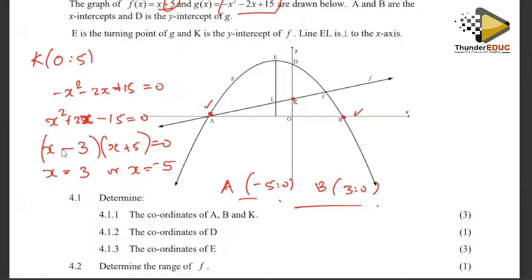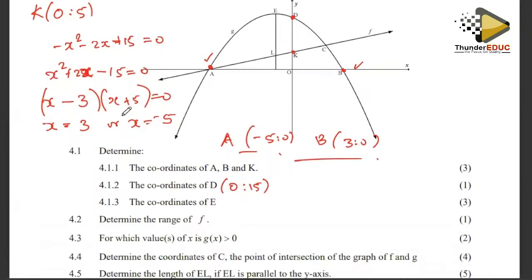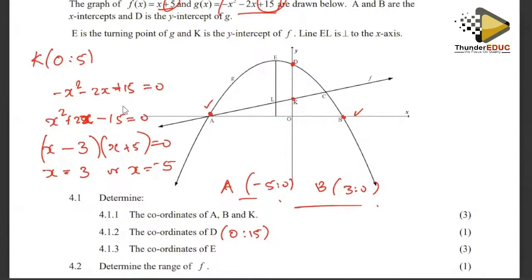Then they want us to get D, which is the y-intercept. The y-intercept is straightforward, it's the constant, so 0 and 15. Then they want the coordinates of E. We know that E is the vertex, on the axis of symmetry. We can use negative b over 2a.